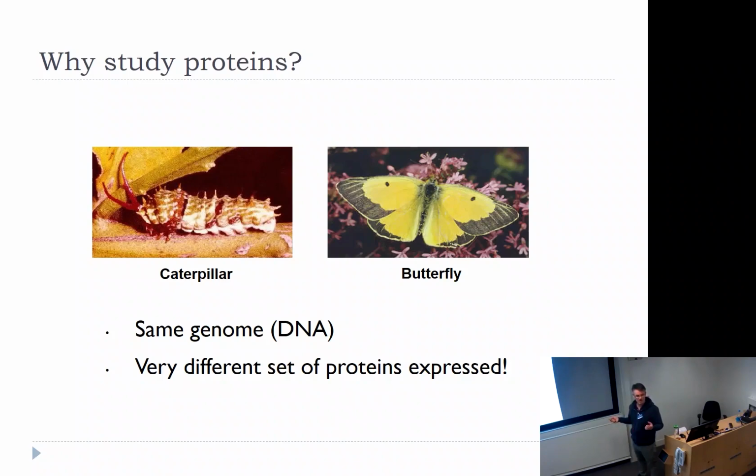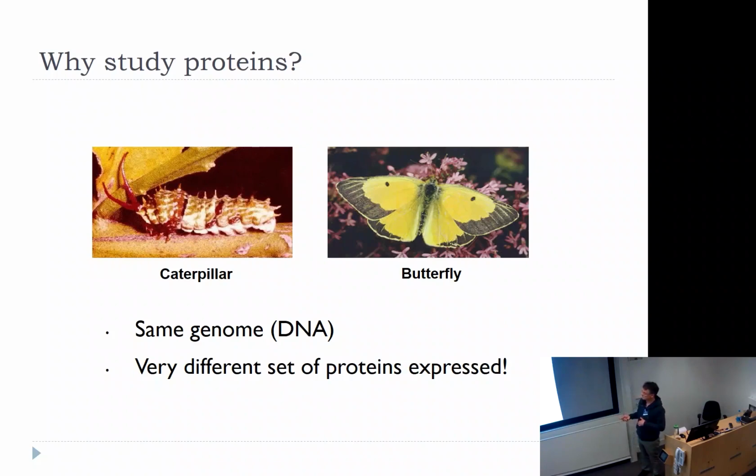What does change is how the genome is used. In fact, a large part of that is to do with the different kinds of proteins that are expressed in these different organisms. When a caterpillar becomes a butterfly, you get lots and lots of new proteins.